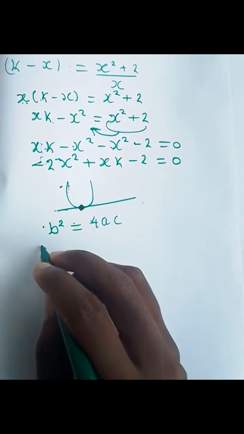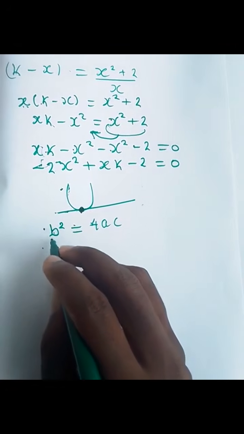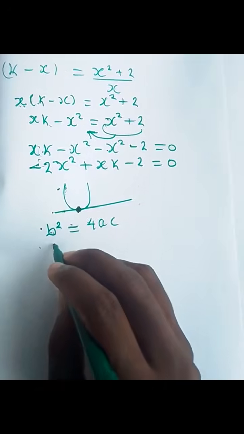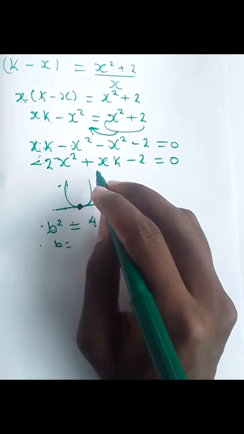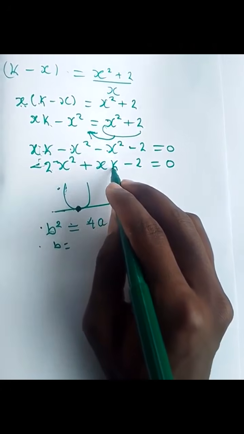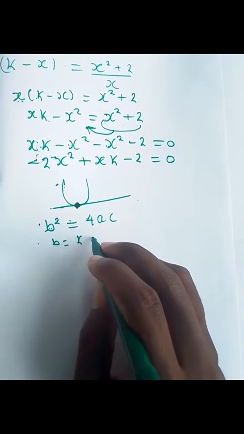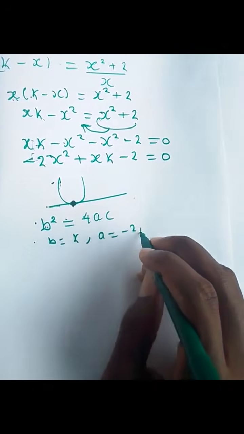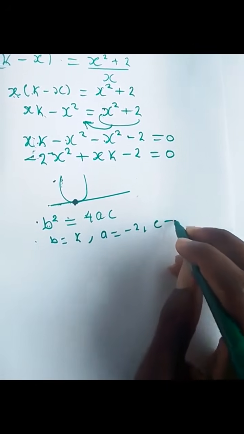Okay, so let's now plug into this equation to solve for k. Where is b? b is k, and a is -2, c is -2 as well.